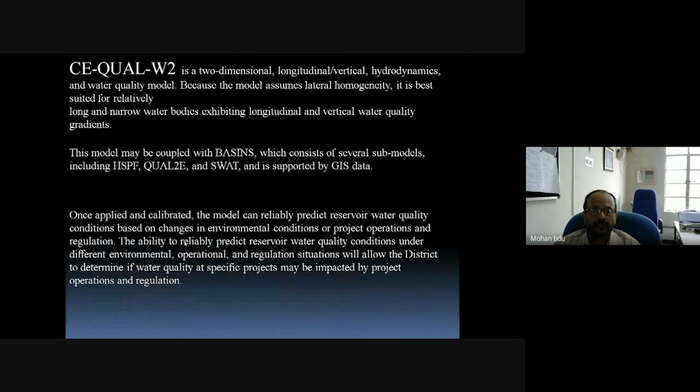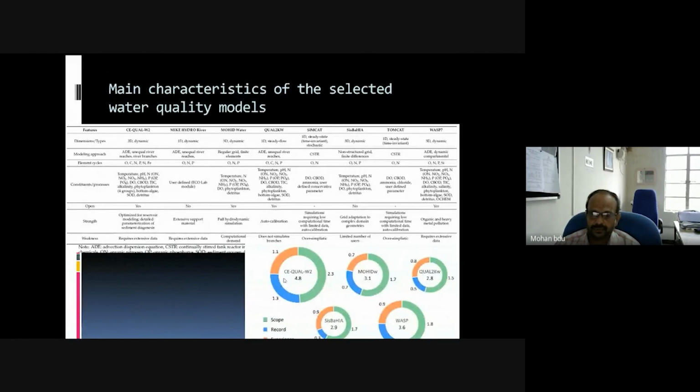So CE-QUAL-W2 is a two-dimensional model. It is like horizontal and vertical. It is best suited for relatively shallow, long, and narrow water bodies. So depending upon the water body, you can choose the models. This is another picture which shows which models are being widely used and their scope. Here again we can see CE-QUAL-W2 is a very widely used model, and it's a 2D model.